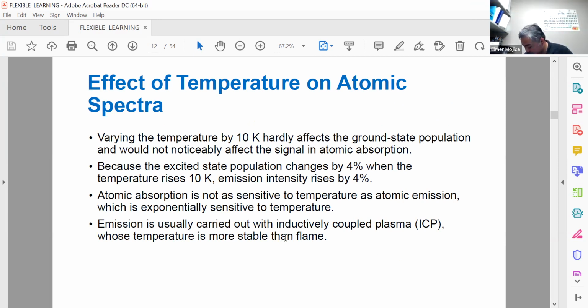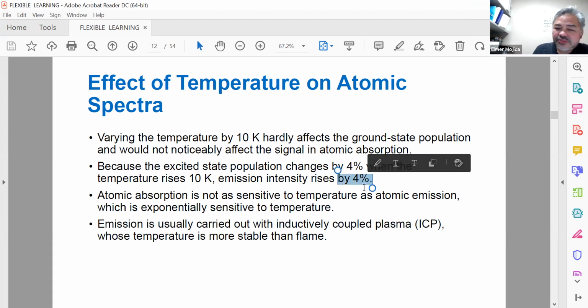If we vary the temperature by 10 Kelvin, it hardly affects the ground state population, and it does not noticeably change the signal in atomic absorption, because the excited state population changes by only 4% when the temperature rises 10 Kelvin. Emission intensity only rises by 4%.